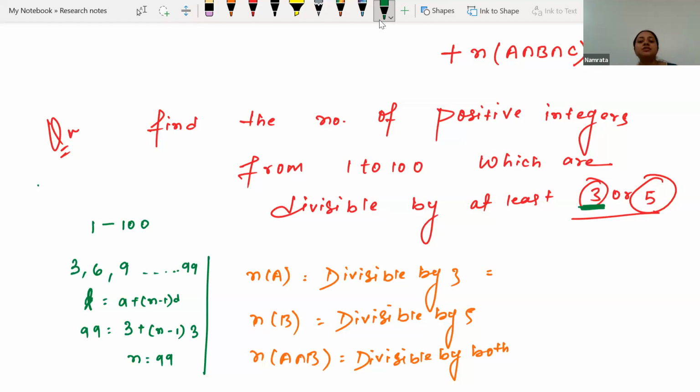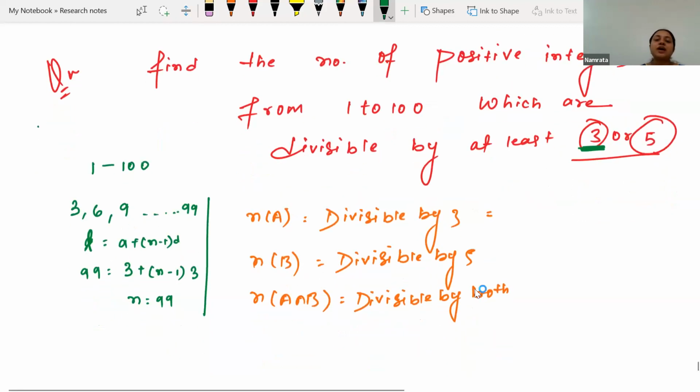We can find numbers divisible by both. There is a shortcut for that. What is the shortcut? Just go and divide the larger number, the maximum number 100, by 3. If you divide 100 by 3, you will see 3 goes 3 times 9, and then again 3 times 9.